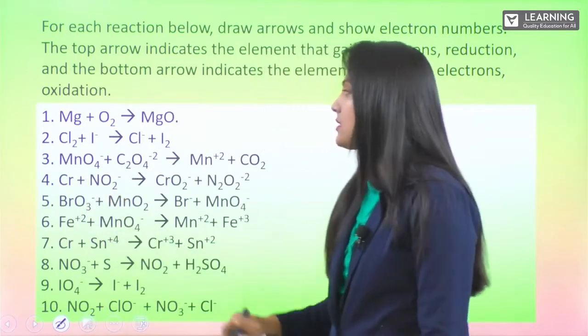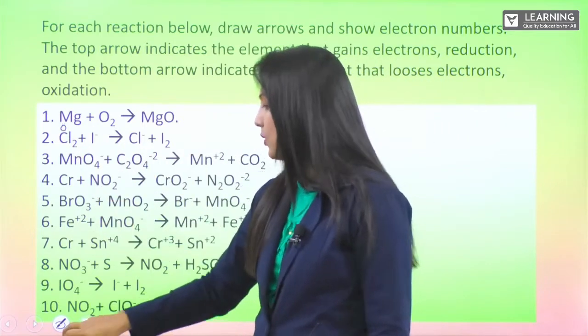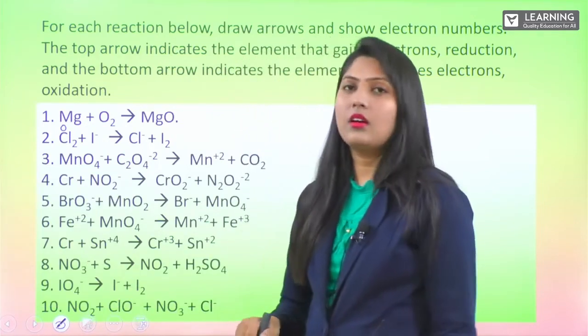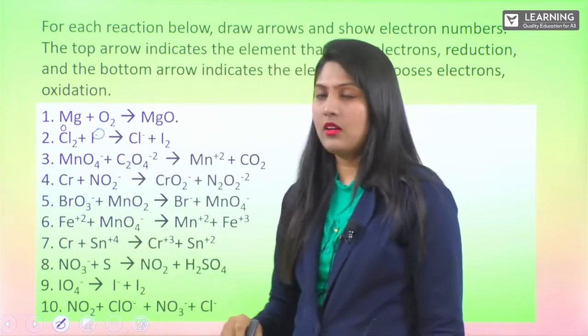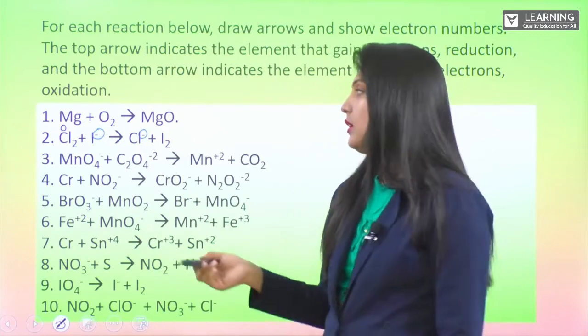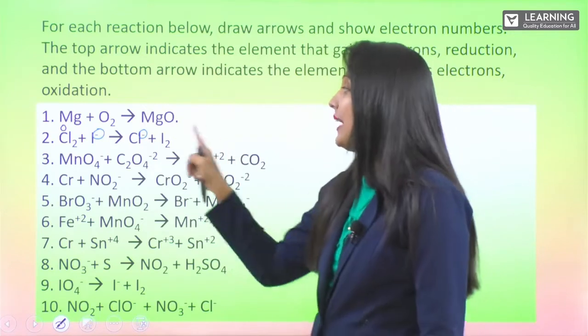We'll check with the second one. Chlorine is in elementary form, so it will be 0. I'll take the next other ink. So blue one, I hope you can see this. So iodide is -1. So chlorine is being shifted from 0 to -1. So 0 to -1 means it is being decreased. So electron is being gained.